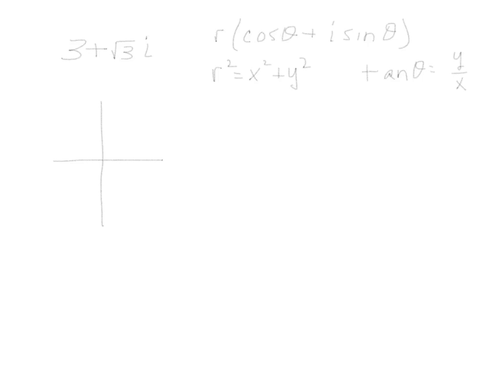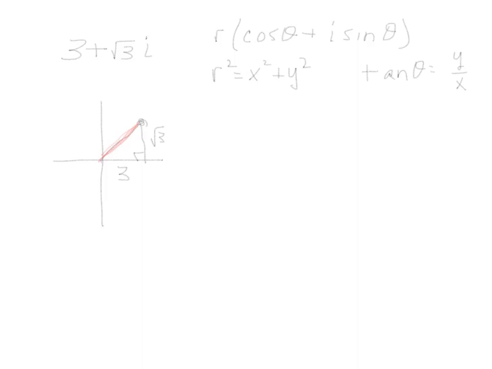So if you think about moving to the right 3 and up radical 3, you're going to have a point in the first quadrant. If you draw a reference triangle for this, the real part was 3, the imaginary part was square root of 3.